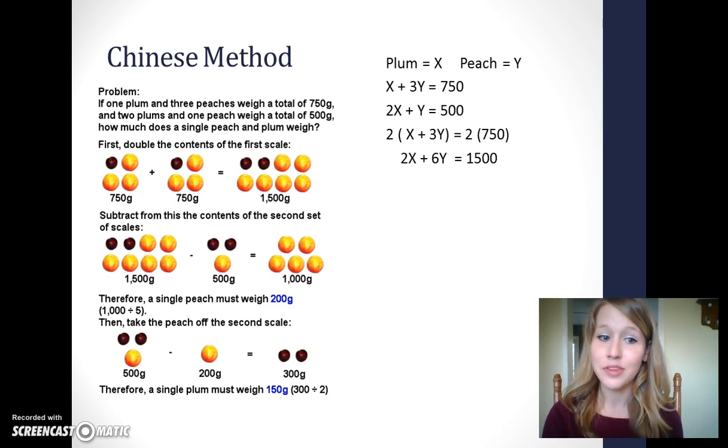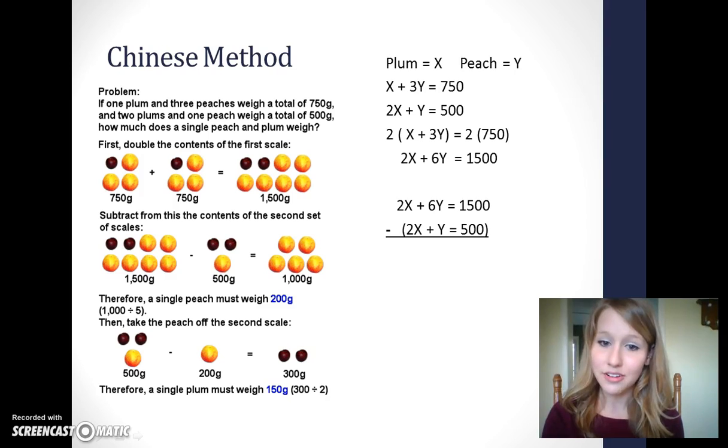Their next step was to subtract from this new equation the contents of the second scale, which would be our second equation. So when we subtract our second equation, we get 2x minus 2x, which equals 0, 6y minus y, which equals 5y, and 1,500 minus 500, which equals 1,000.